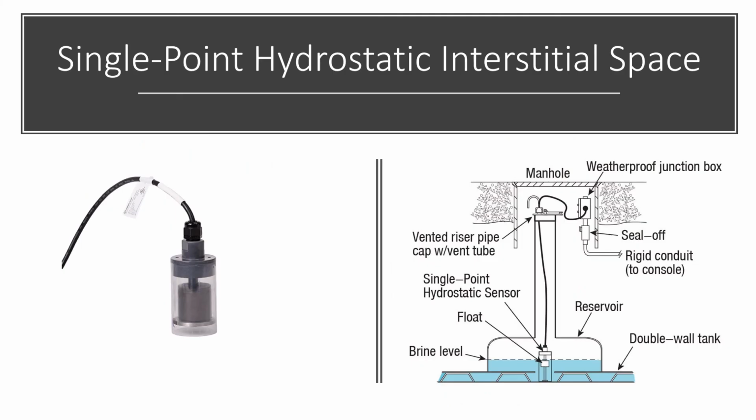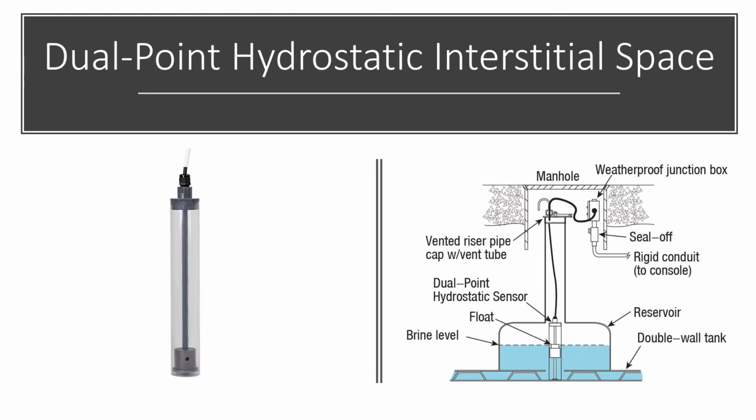There's other ways you can fix this. There's two different kinds of sensors you can put in these reservoirs. One is a single point hydrostatic sensor, and it just goes into alarm if the brine level drops below a certain level. But if you have a dual point hydrostatic system, it has floats at both ends.